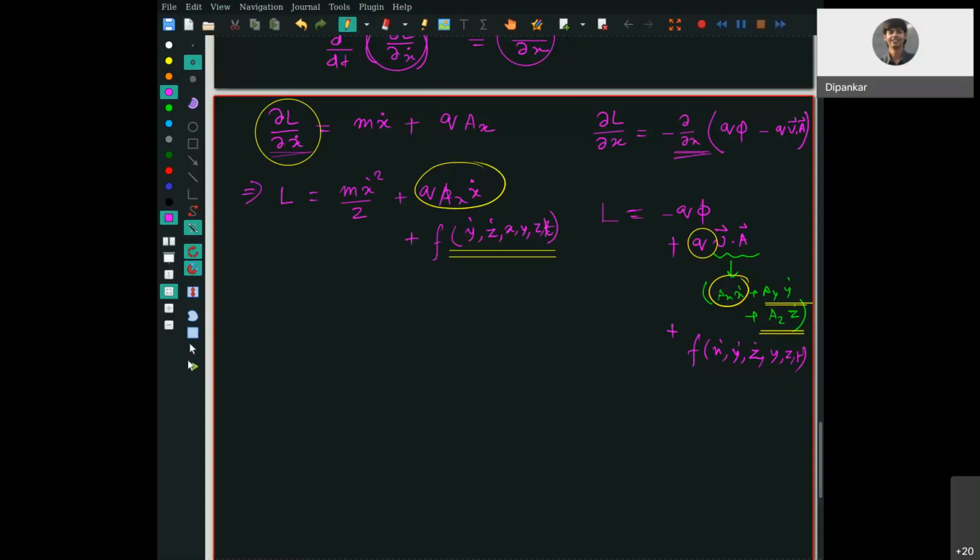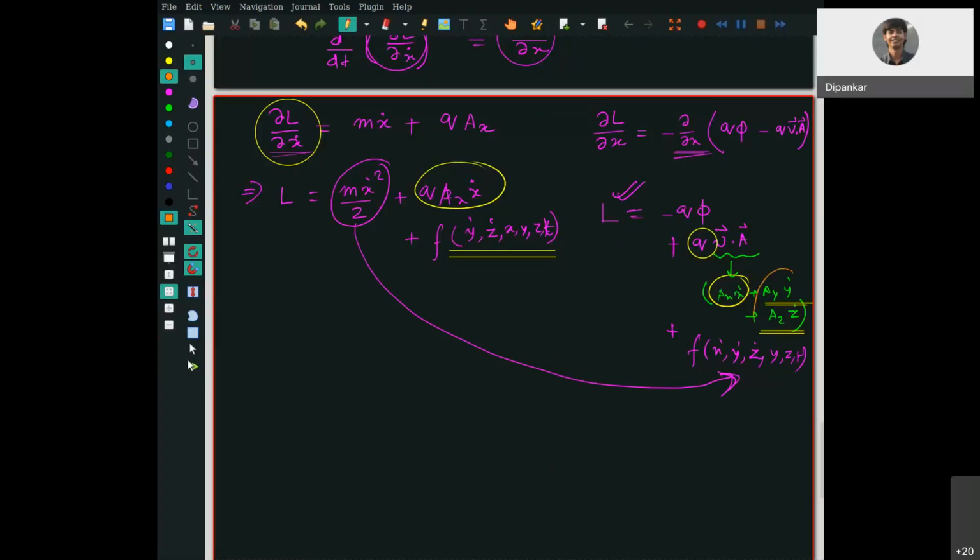So if I add to this Lagrangian, m x dot square over 2 can be absorbed into this part, and Ay y dot and Az z dot can be absorbed into this part.